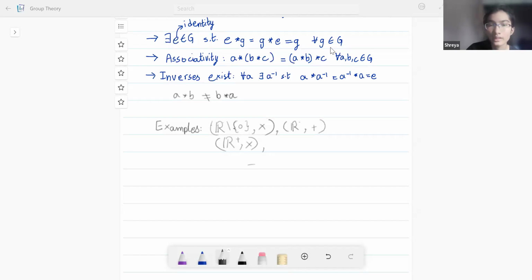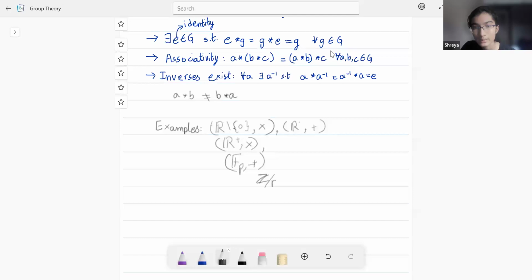Yes, okay, F_p under addition is a group, and not just F_p, Z mod n, and Z in general is a group under addition. Also, I generally prefer if you can speak up. Injective functions with domain of the whole real line, okay, yeah, that's a great example.